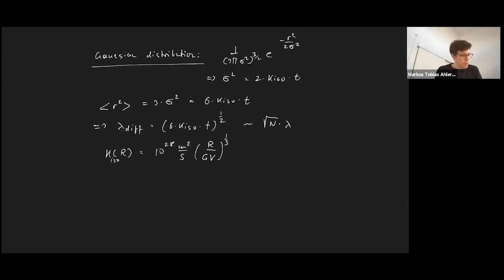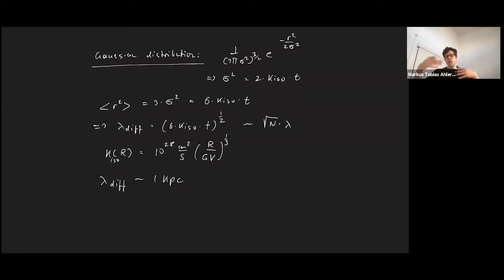Now, if we consider cosmic ray diffusion over length scales of the order of maybe 1 kiloparsec, so let's assume that the average diffusion length is of the order of 1 kiloparsec.